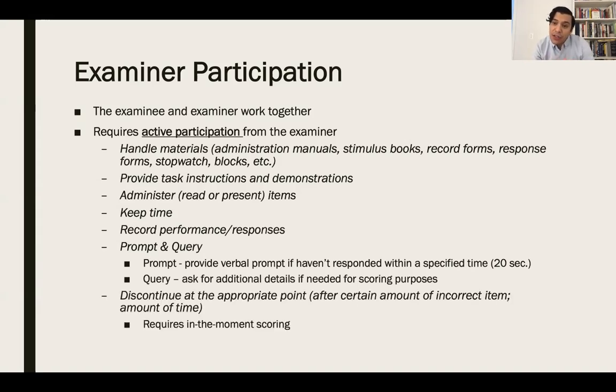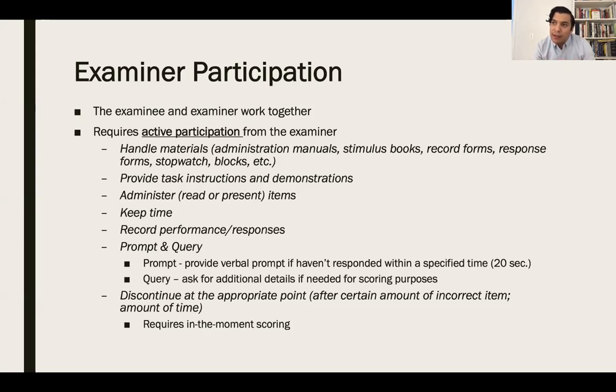The examiner is also responsible for discontinuing the task at the appropriate point. And this is usually after a certain amount of incorrect items, say 3 consecutive incorrect items, or after a certain time, so 45 seconds. Sometimes this requires in-the-moment scoring.